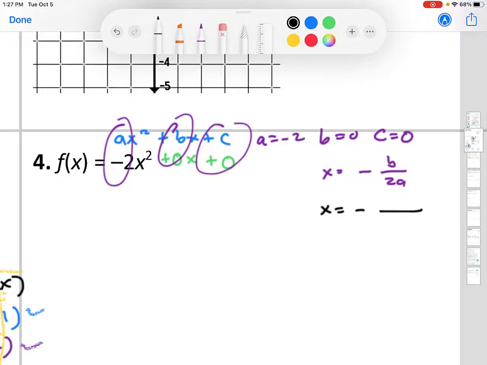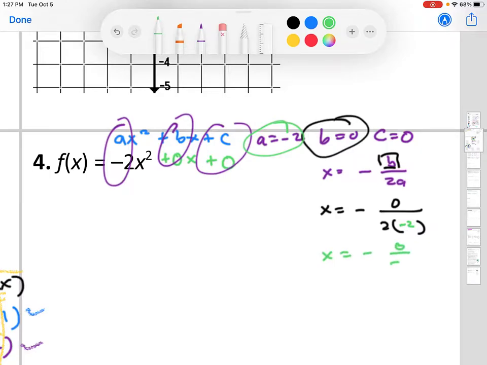All right, my B value is 0, and my A value is negative 2. So I have 0 divided by negative 4. 0 divided by any number is 0. The opposite of 0 is 0. So x equals 0.